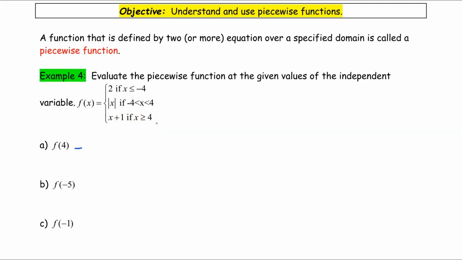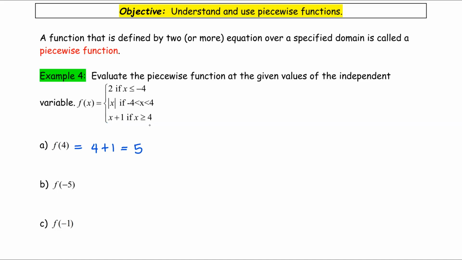That means f of 4 is 4 plus 1, because you have to follow this definition of the function since 4 is contained in this interval, in this domain here. So f of 4 is equal to 4 plus 1, which is equal to 5.